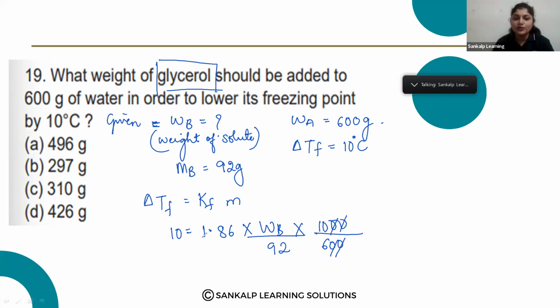Then, the next step: 1.86 into 10 becomes 18.6. So 10 into 92 into 6, because if you take it to the other side it gets multiplied, then divided by 1.86 into 10, which is 18.6.